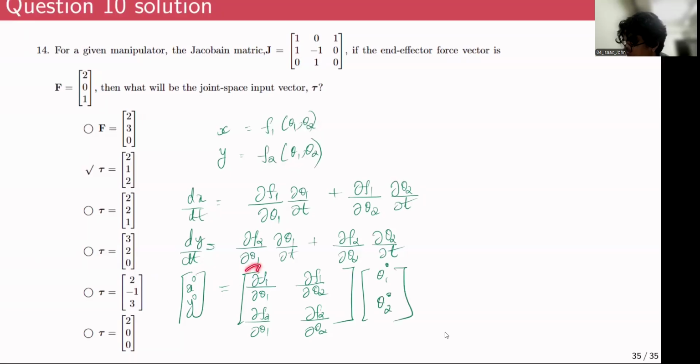So this term would correspond to your Jacobian, right? If you are given x and y as functions of joint variables, if you take the partial derivatives of the functions with respect to joint variables and assemble it in this manner, you will get the Jacobian. I hope that is clear.